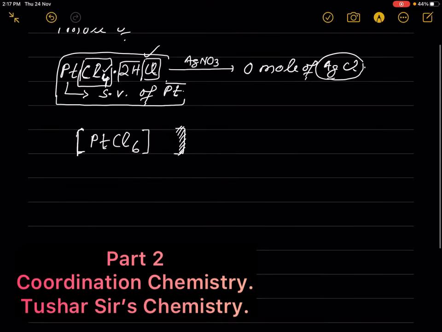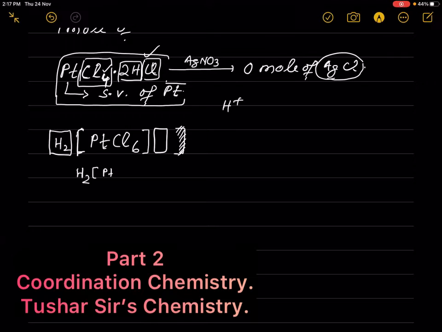Here there are 2 H atoms, and these 2 H atoms are written as H plus, so they cannot be written over here, they should be written outside. So H2, and the structure will be H2PtCl6.